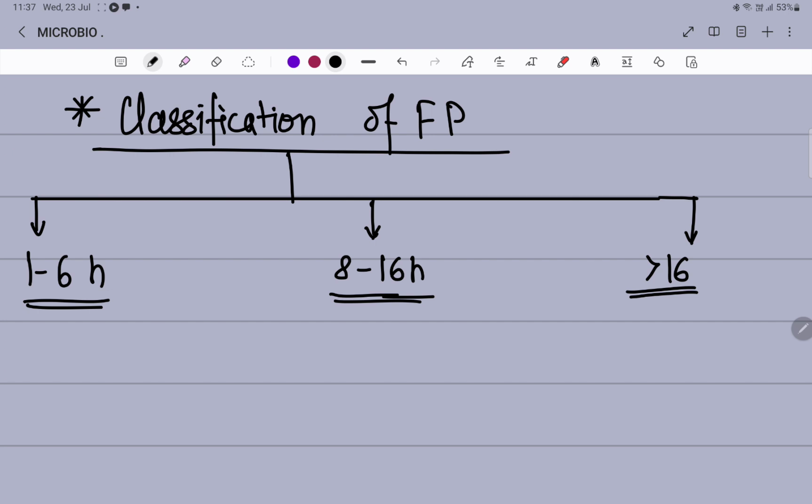Generally, the question that comes in your exam will ask you to explain food poisoning, to classify it according to its incubation period and the microbial agents causing it, or it will simply ask you what the microbial agents are, but you still have to write it according to its classification. And then it will ask you to explain any one of the important organisms that I'll be discussing further.